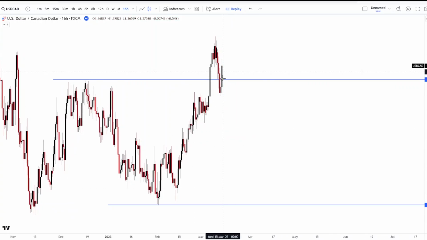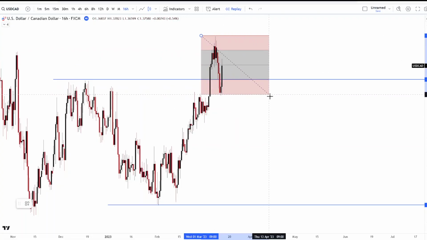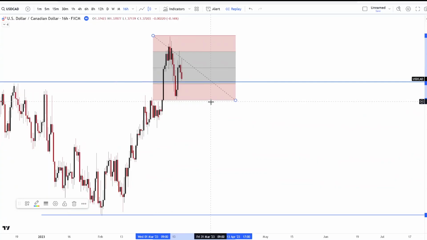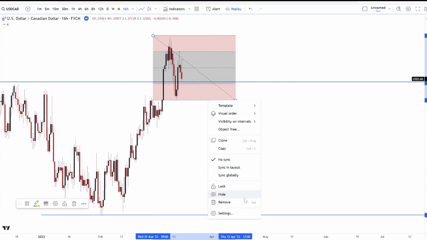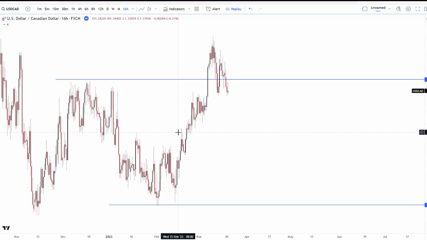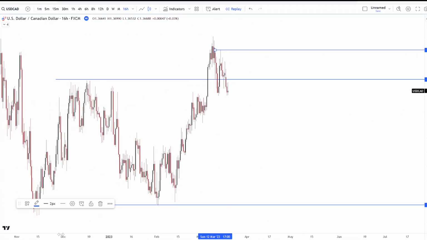And price dropped down inside of our range. Found rejection in our entry point. Let's see if price will continue breaking structure to the downside. And it did. Now we have a new micro range. We have this swing low, swing high, I mean.